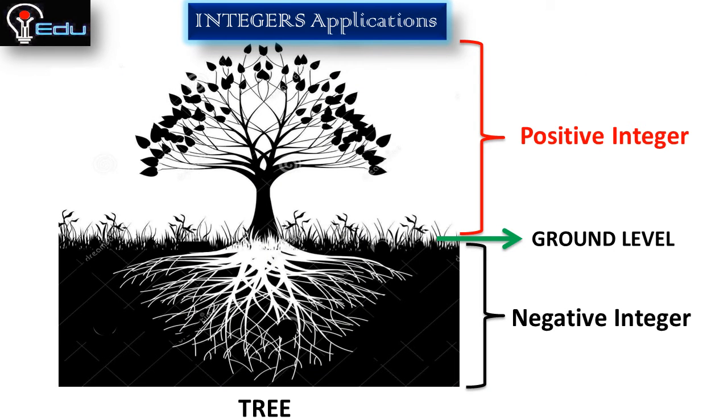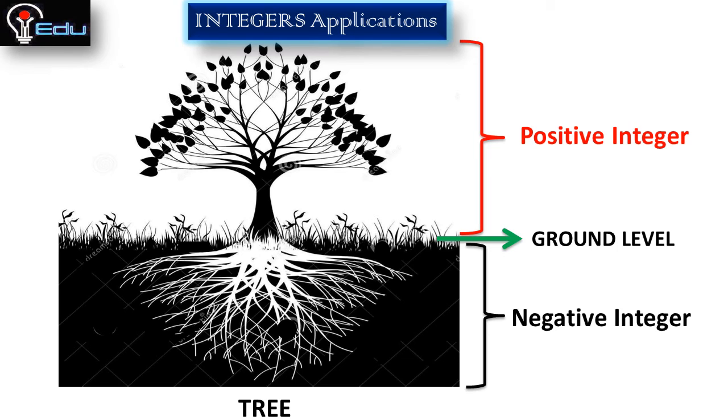Next application we will see is below and above ground level. Earlier we saw temperature, and now above the ground level we represent with positive integers, and below the ground level we represent with negative integers. This is a tree application. A tree has ground level, below ground level and above ground level.